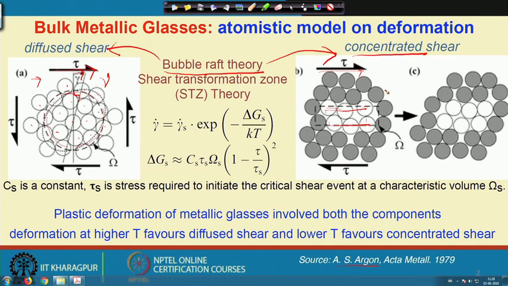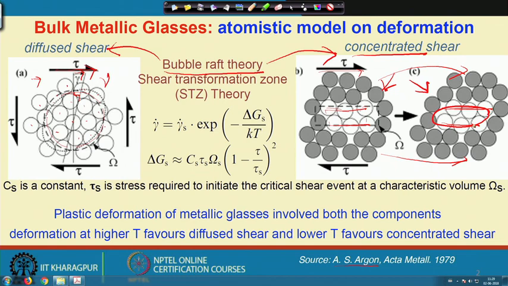Here also the initial arrangement of the cluster is shown, and after the shearing event the rearrangement is shown. You see the bottom part and the top part shear against each other, and the shear is concentrated mostly in these two layers of atoms, even though these layers are not very regular like a conventional crystalline lattice.